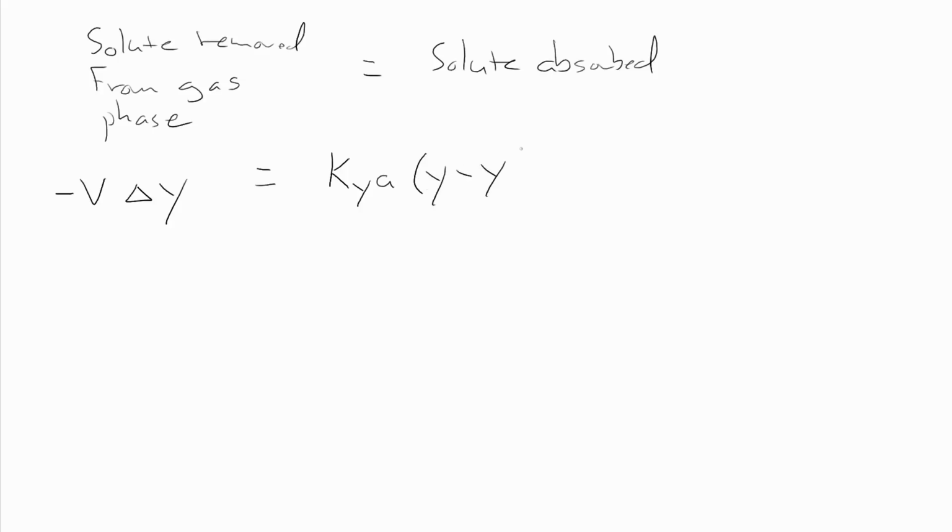And remember, the driving force here is the driving force to equilibrium. And in order to transform this from a linear value into a volumetric value, we need to multiply it by the cross-sectional area of the column and by the length of the column over which it occurs. All right, so this is the cross-sectional area of the column.